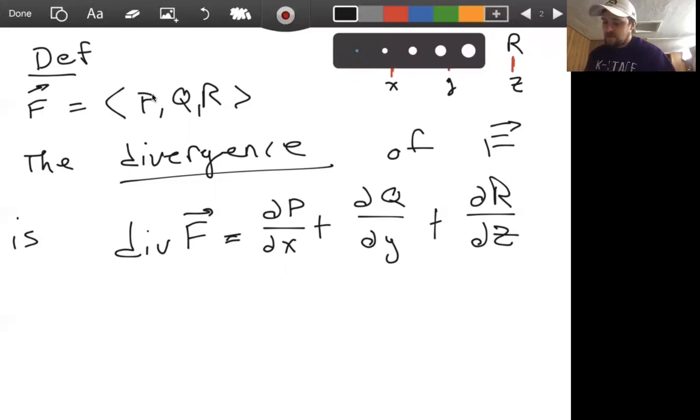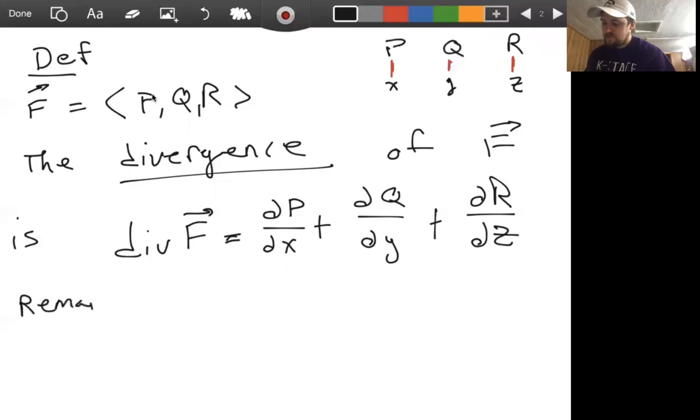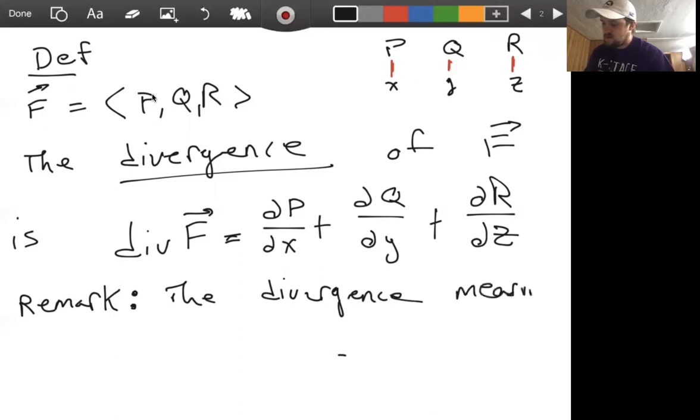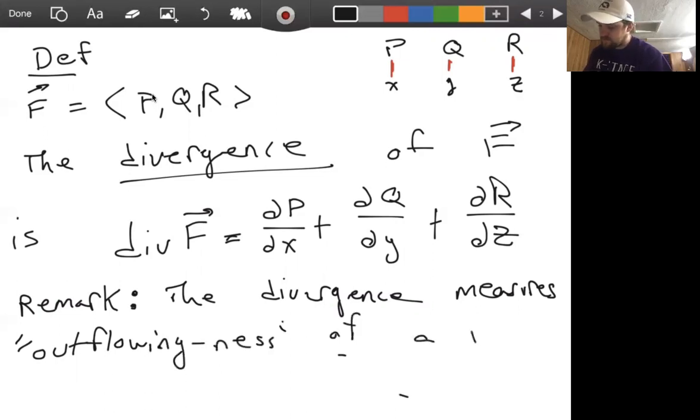And again, let's make a remark here. The divergence measures the quote-unquote outflowingness of a vector field.